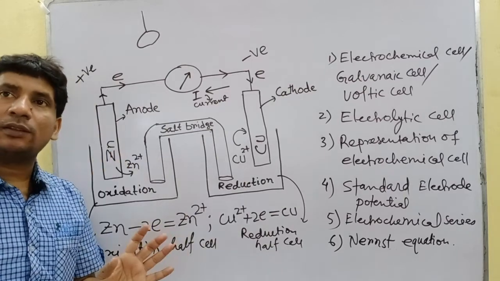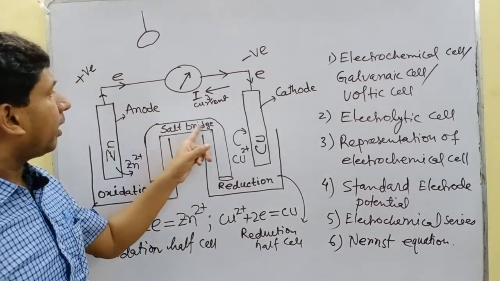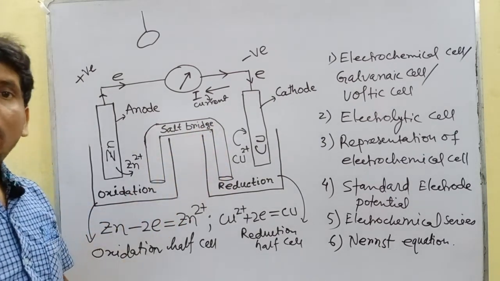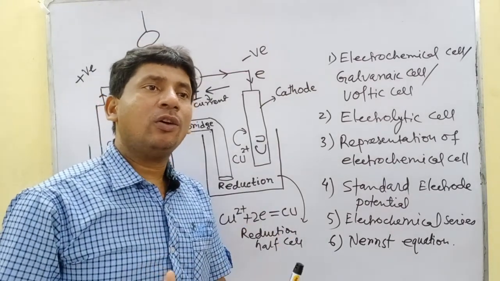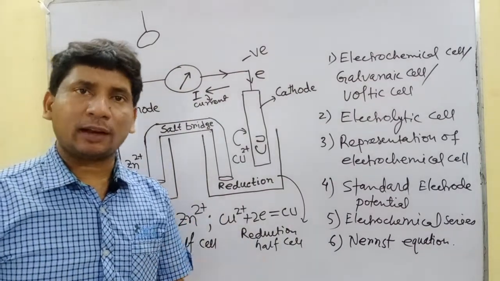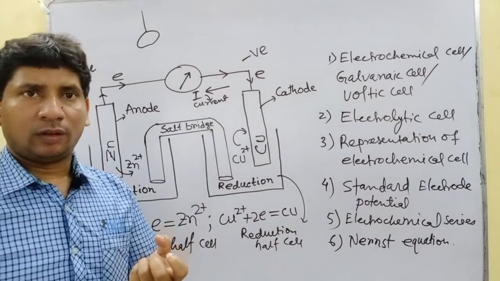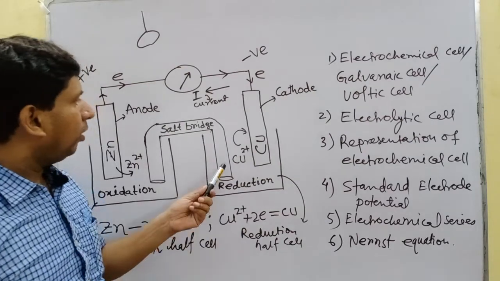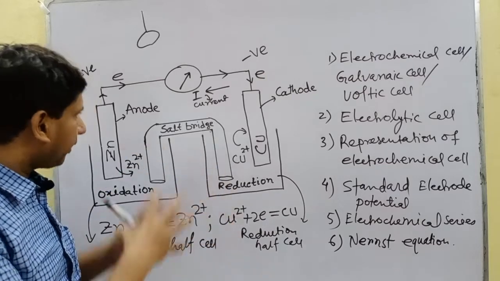This salt bridge, what is the salt bridge? This is agar solution of salt. Agar means it like a wheat or কি আমরা বলতে পারি ময়দা টাইপের এক জাতীয় একটা আঠালো, অর্থাৎ this is a one type of gum by which a salt can attract or attract.